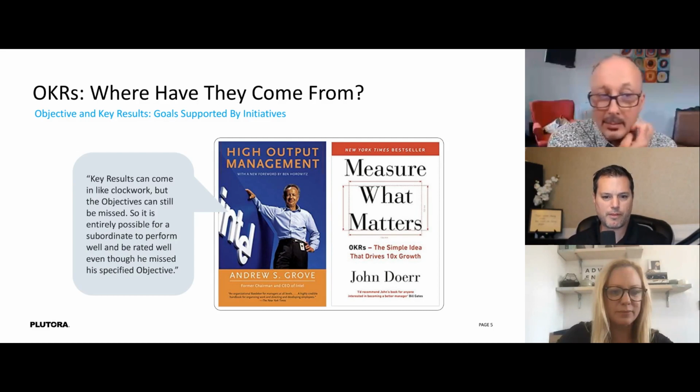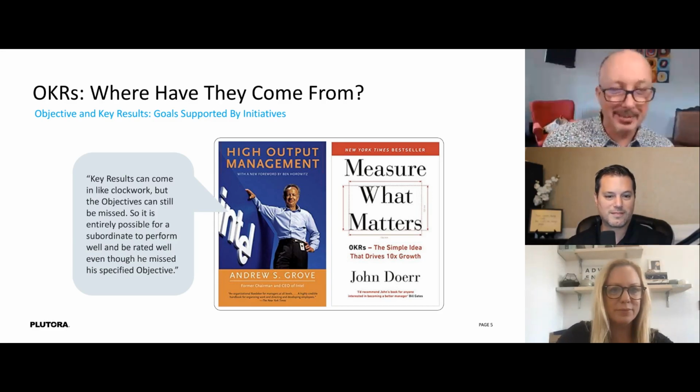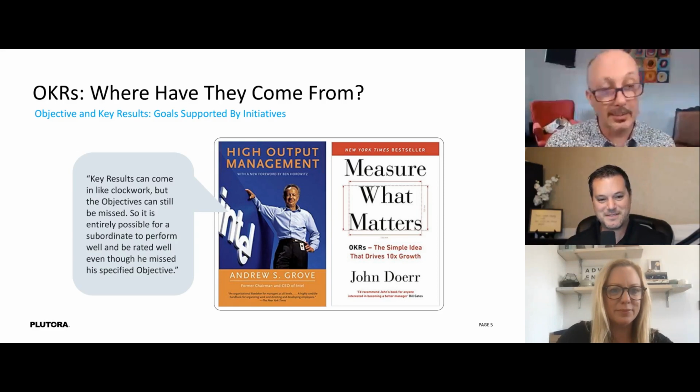Yeah, so the origin of OKR is at Intel and Andy Grove. Andy Grove was a visionary leader at Intel, and he wrote a book, High Output Management. I have to admit, I dislike referencing books that I haven't actually personally read, and this is one. I make that very clear.